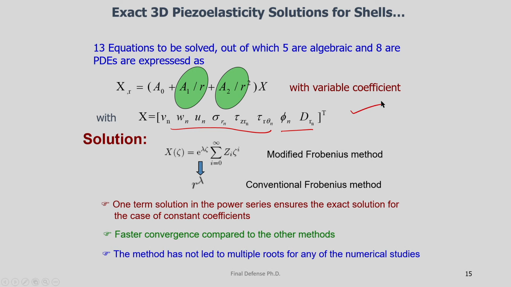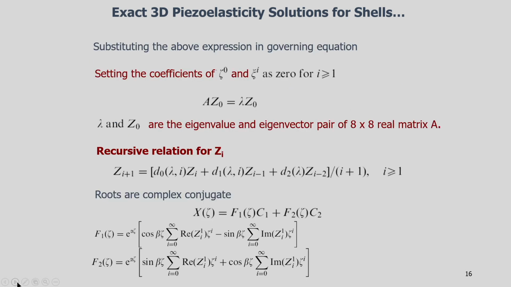The homogeneous solutions I have explained can be expressed using the modified Frobenius series, where instead of the conventional Frobenius series we have e to the power lambda zeta. If we substitute this into the equation, it becomes an eigenvalue equation and we solve it in a recursive manner.